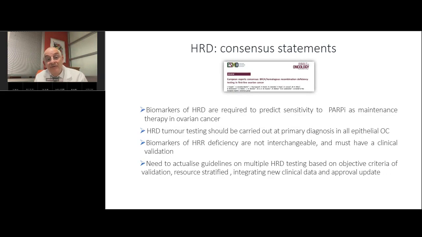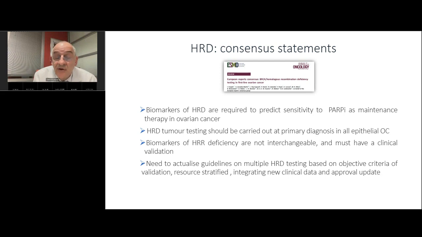So, let me conclude by this statement. I mean, a lot could be read in this excellent paper from Ignace Vergote. Biomarkers of HRD are required at time of diagnosis of any epithelial ovarian cancer.